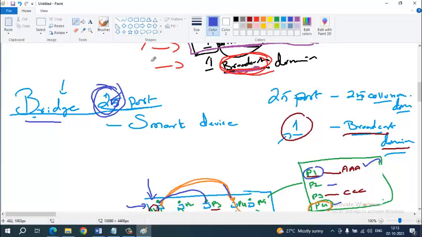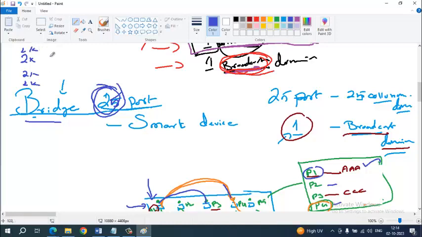See, let's say one child can carry only 2 kg. It's like a bridge, only 2 kg. Now if you keep adding more children, because you want to carry 10 kg of rice, how many children will you add? 5 children.